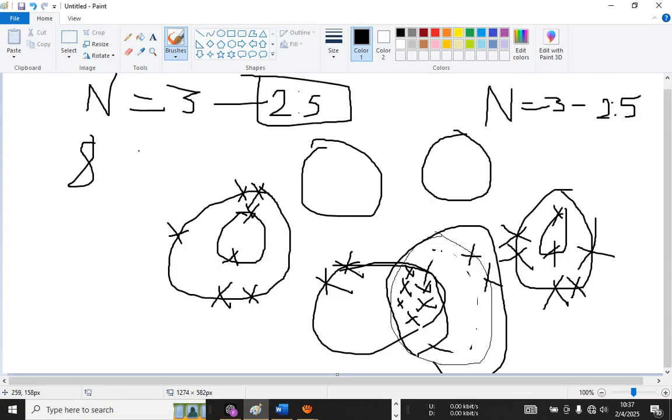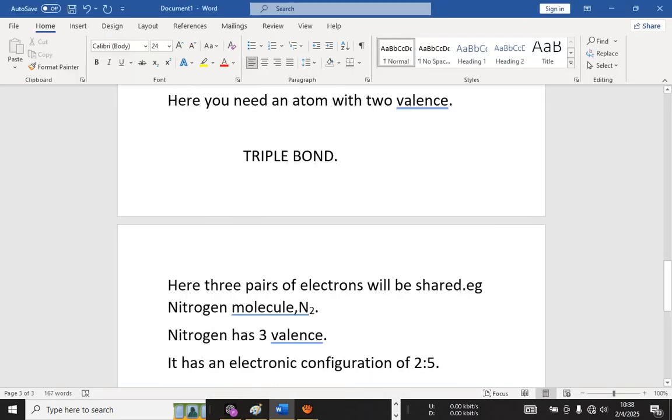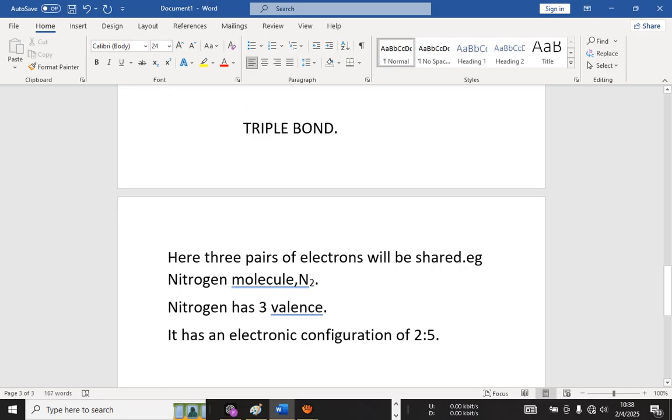So they are now considered to be stable. So having understood that, what you should know about the triple bond is that you need an atom with 3 valence. That's what you need.